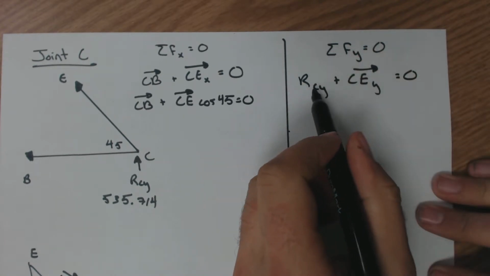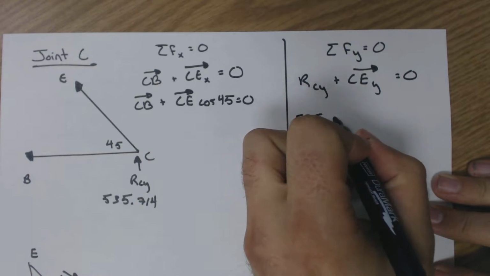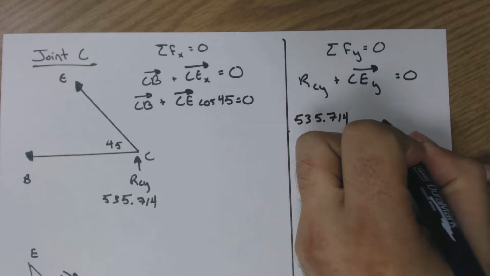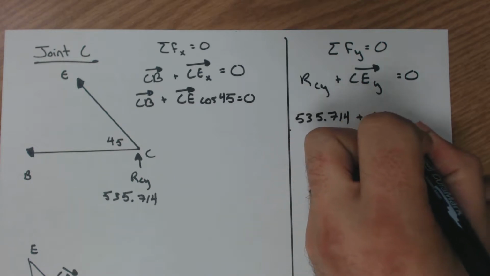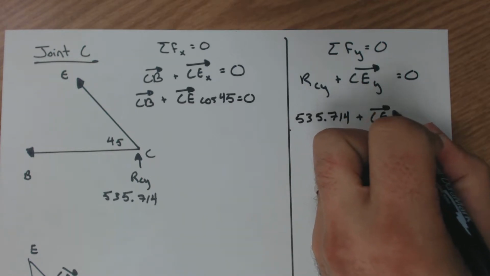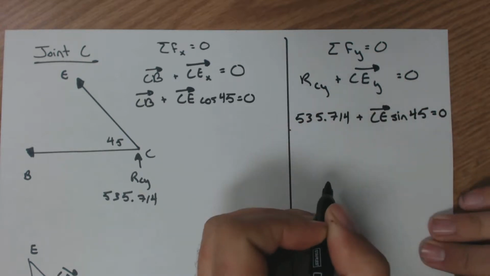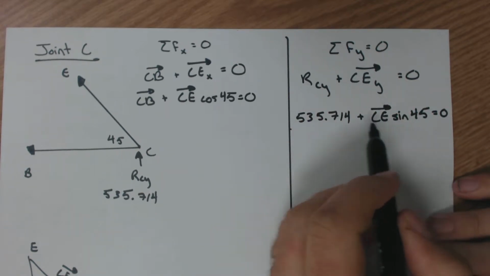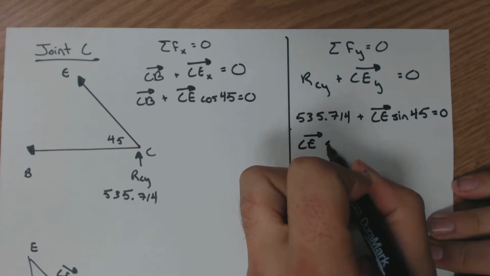My reaction at y is 535.714, and I am adding that. I'm going to use the important vector and then sine of 45. And I can solve for CE. So I subtract my 535 over.